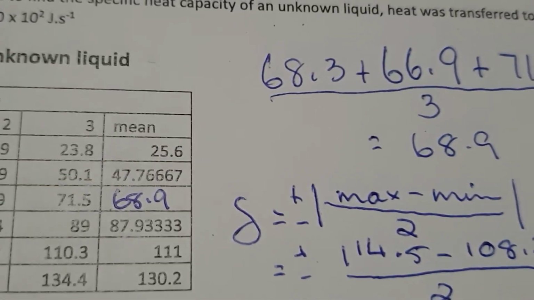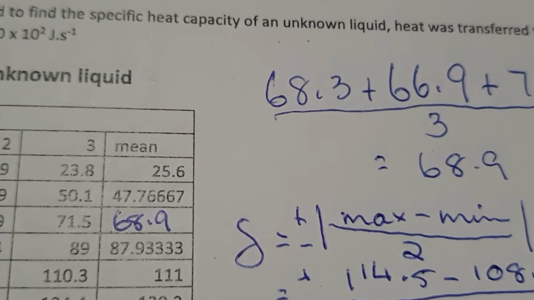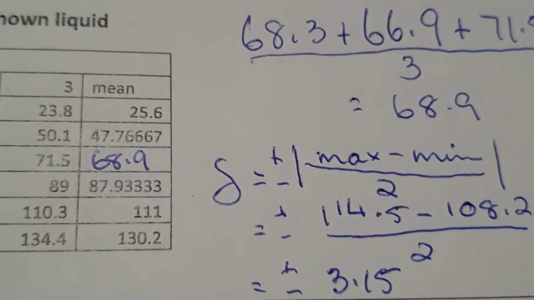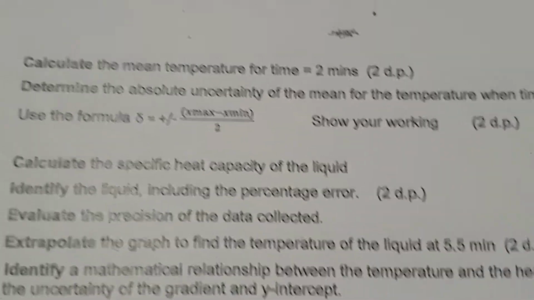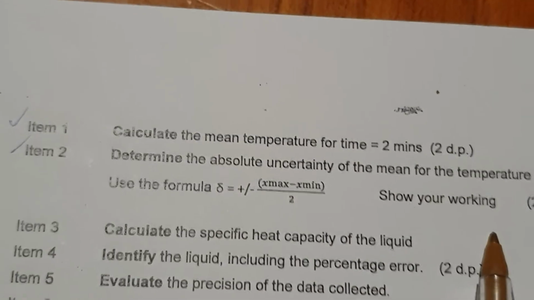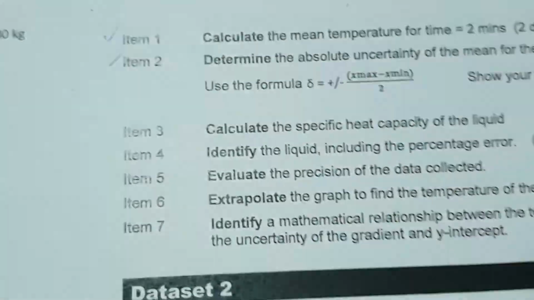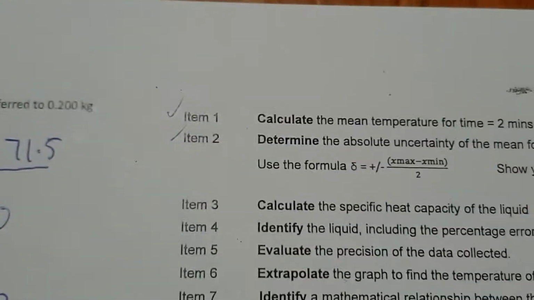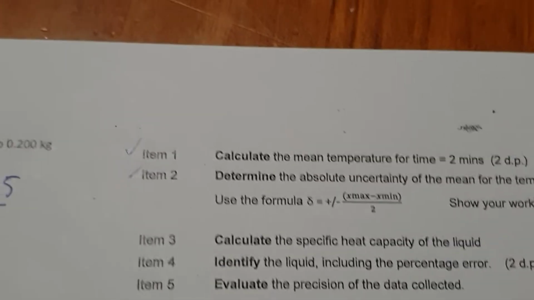Don't forget to divide by 2. 3.15. Righto. So that's the first 2. Cinchy, easy. 3 easy marks out of 20. Oh, first one wanted 2 decimal places, so that'll be 68.90.